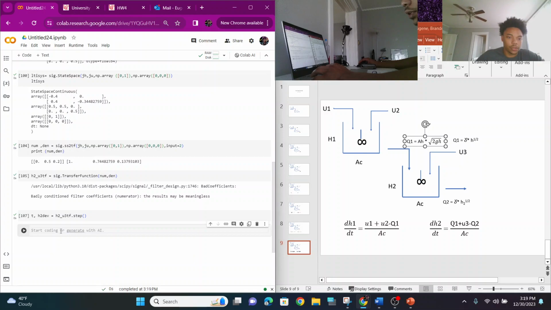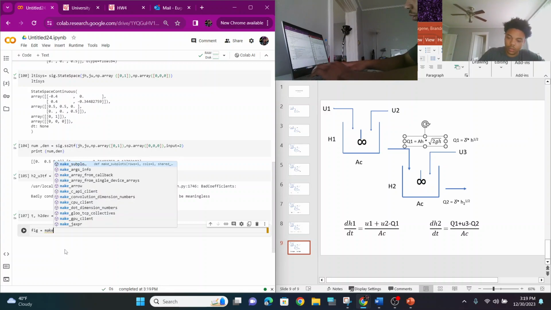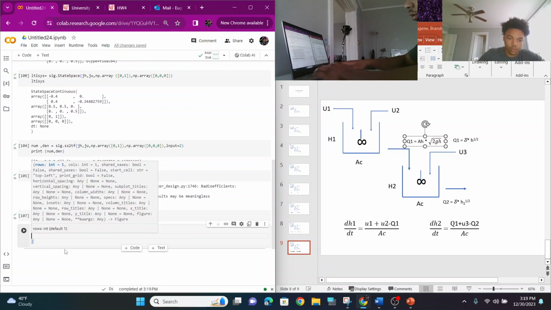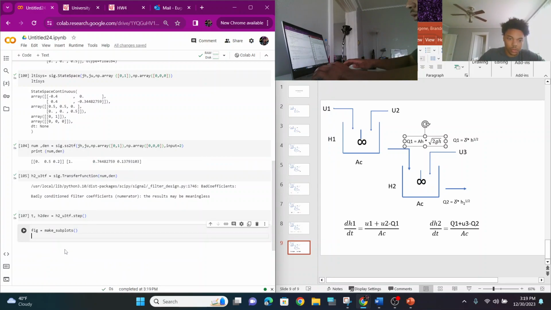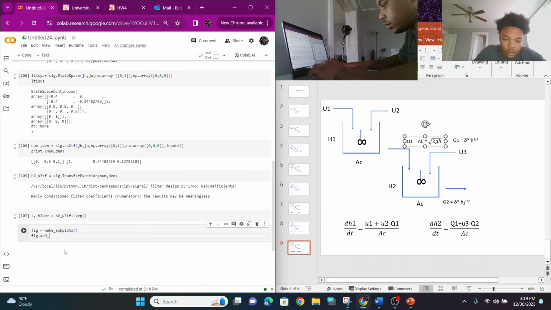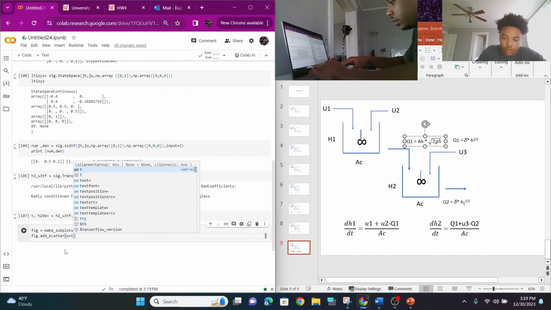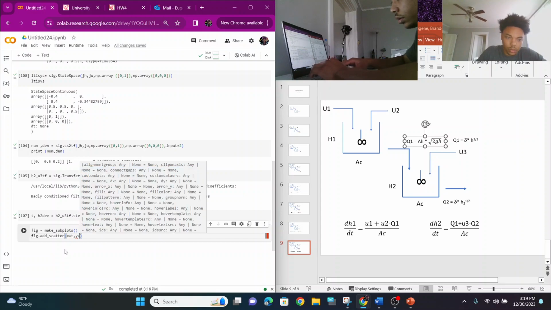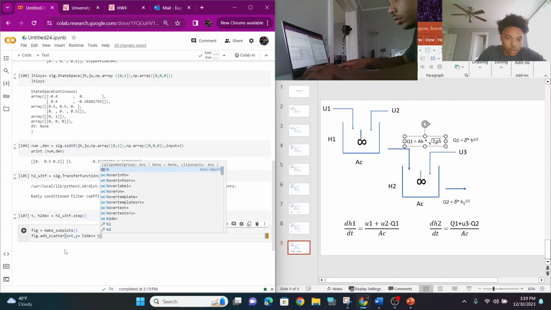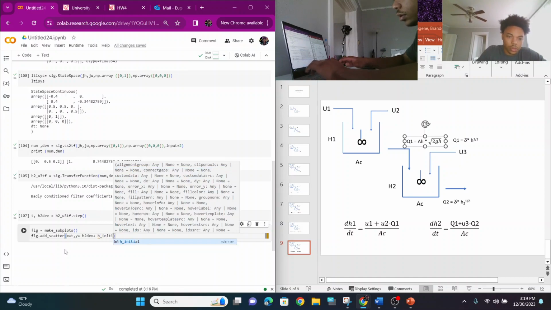And now we're going to start graphing. Yay. So fig equals make_subplots, which is going to be equal to fig.add_scatter with x equals t comma y equals h_t.